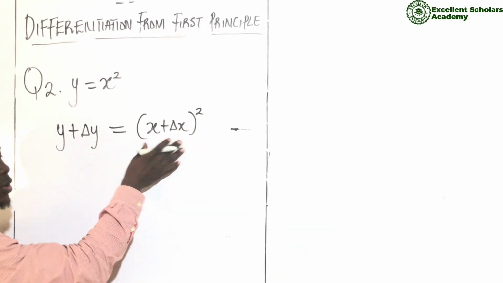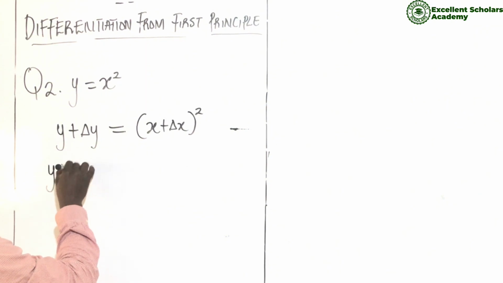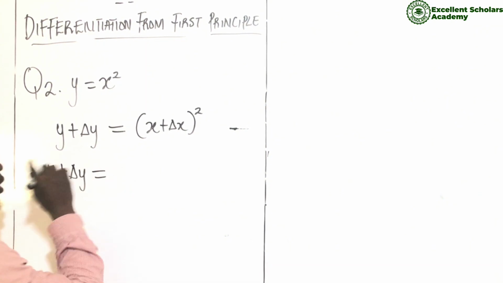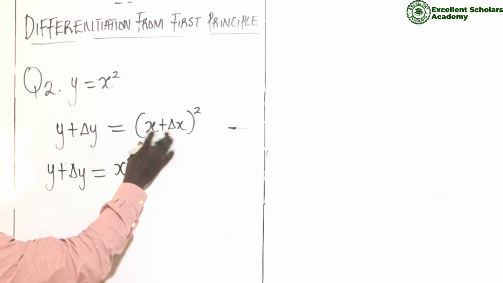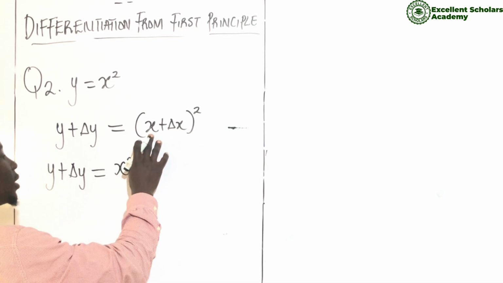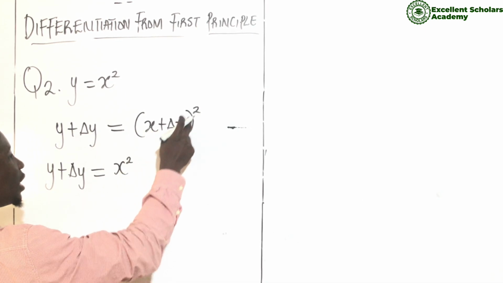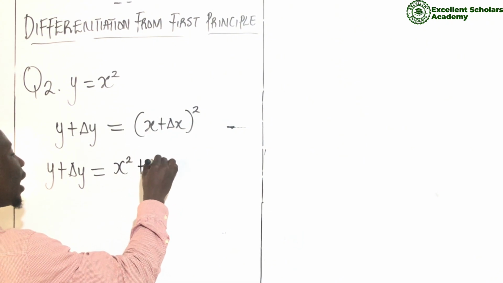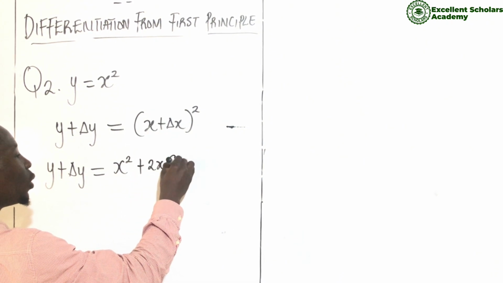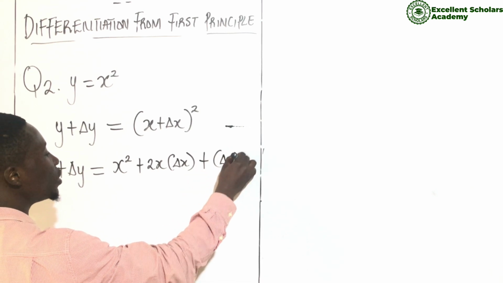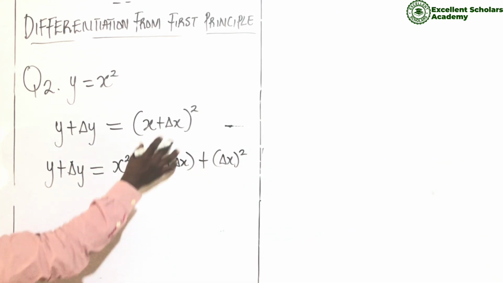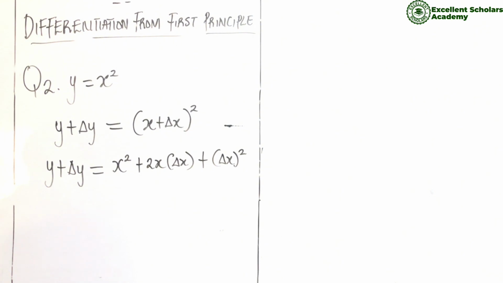This is what it becomes. So it becomes y plus small increment in y equals, now open this bracket, it becomes x squared. That's when you open this bracket, it becomes x squared. Use this to multiply this, and use 2 to multiply, it becomes 2x small increment in x plus small increment in x all squared. That's when you open this bracket, it becomes this.